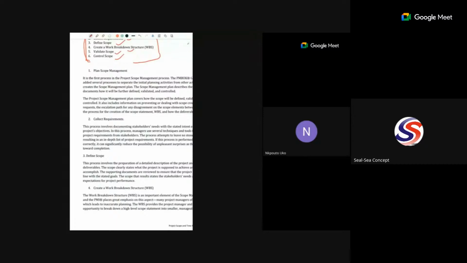Collecting your requirements is the process by which you begin to gather requirements from your stakeholders, like I've explained. Stakeholders are those people that have a stake in your project. It might be part of the people that are financing the project, or it might be people that the project will also affect in one way or the other.